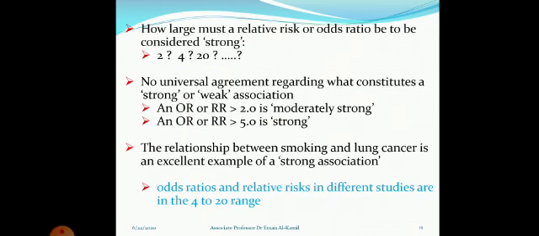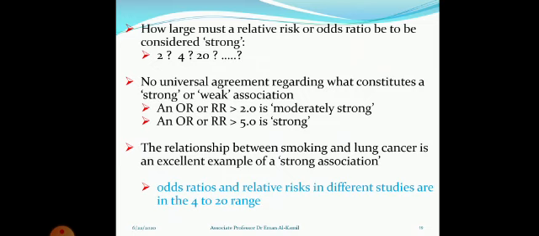So how large must a relative risk or odds ratio be in order to be considered strong? 2, 4, or 20? Actually, there is no exact value we can depend on, and no universal agreement regarding what constitutes a strong or weak association, but an odds ratio or relative risk more than 2 is moderately strong, and more than 5 is a strong association.